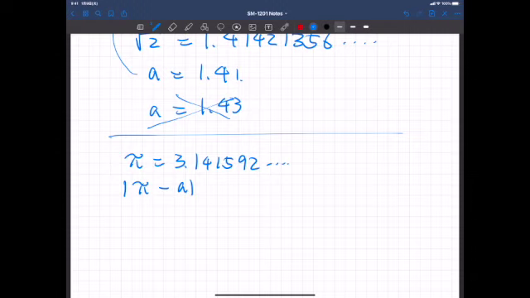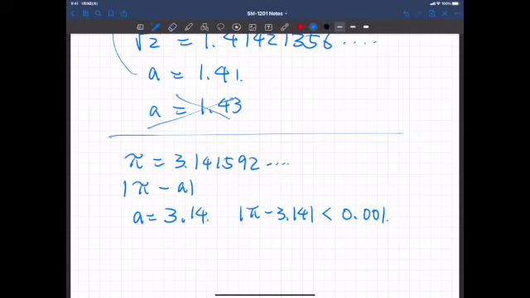If we take a equal to 3.14, then this is not sufficiently small to satisfy 0.001. So this is not good enough, but this is good enough if epsilon is 0.002.